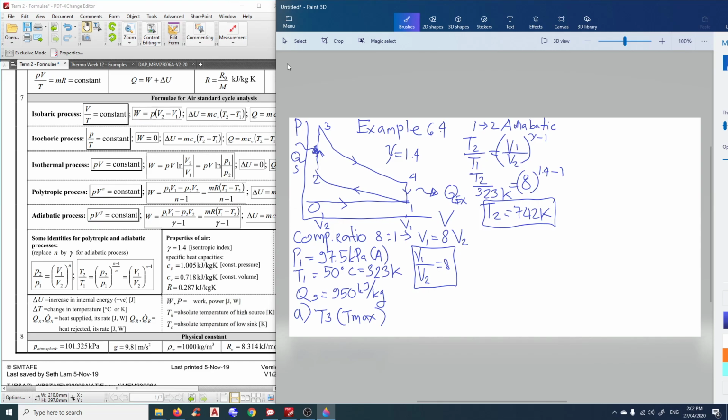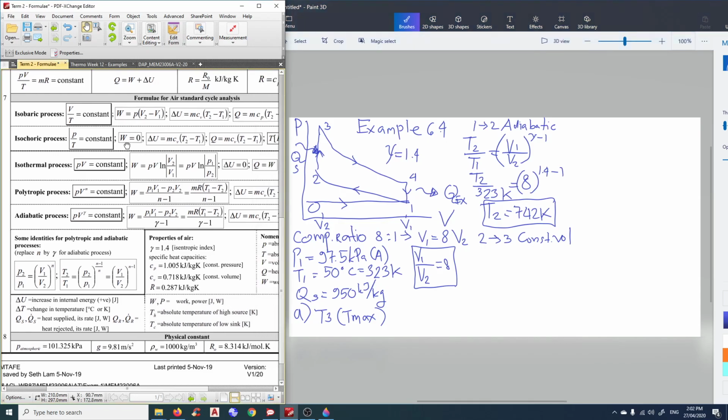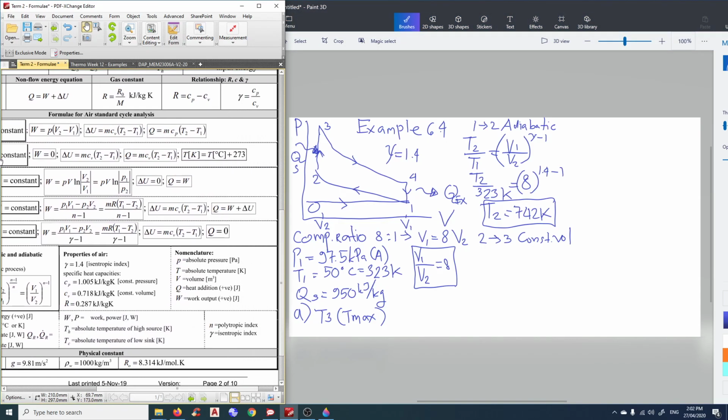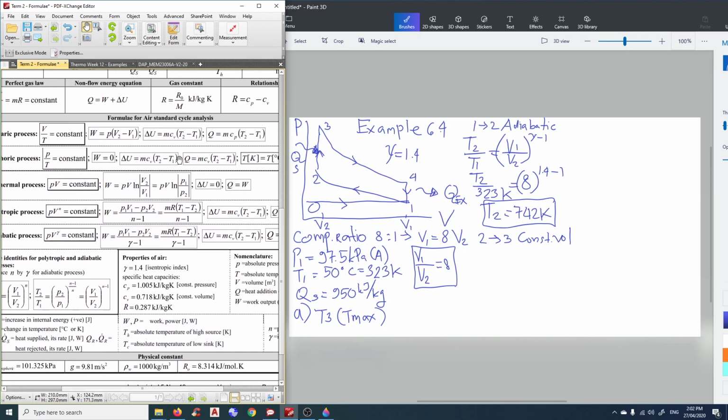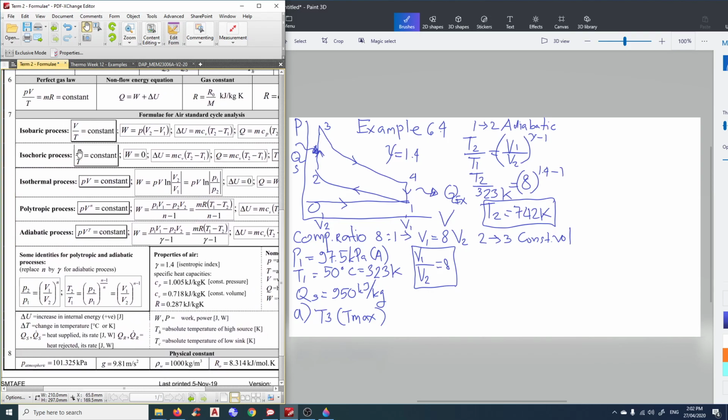Now, how to find T3? Well, let's have a look. Process 2 to 3 is a constant volume process, or isochoric. So you can use this formula: for an isochoric process, P over T equals constant. Why is that?